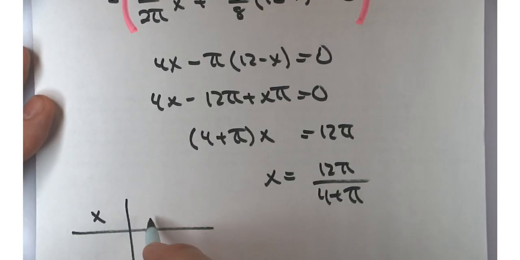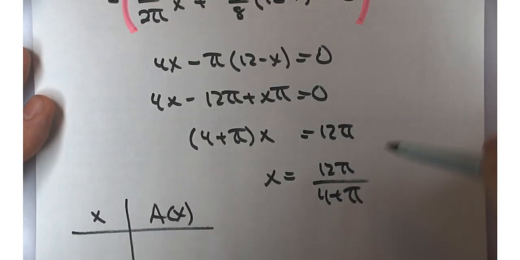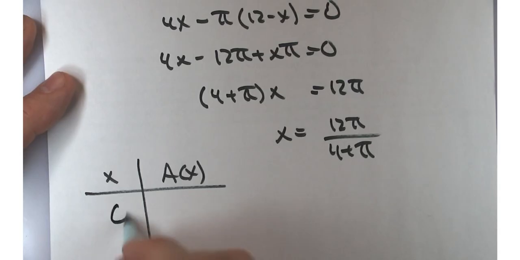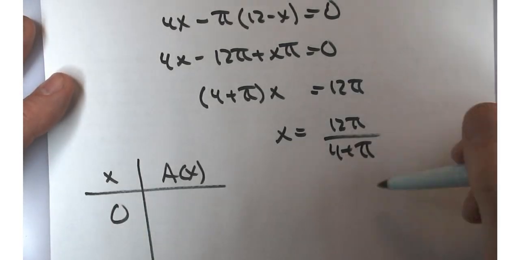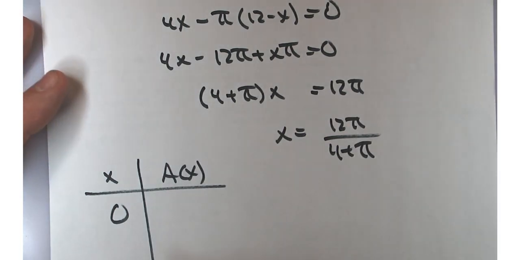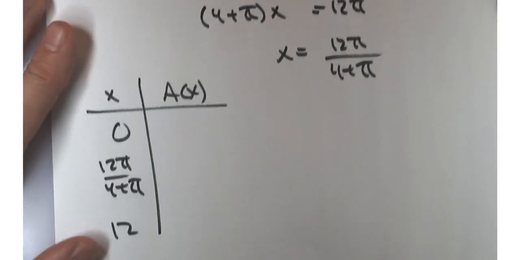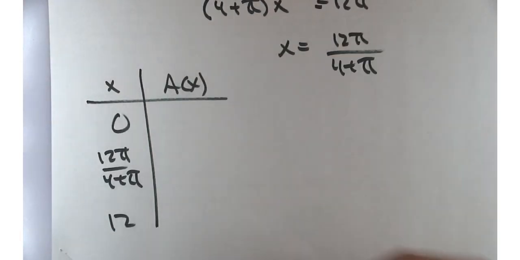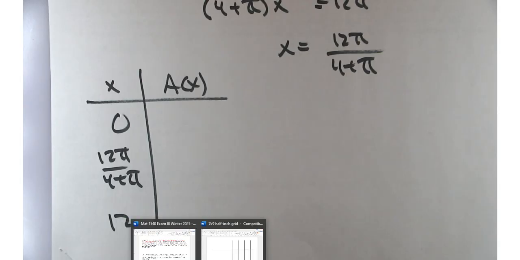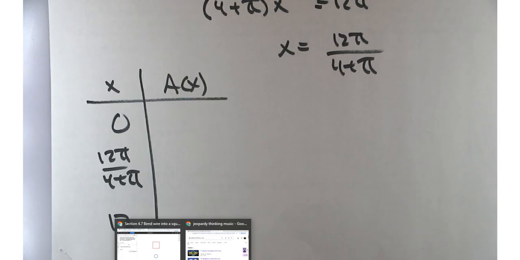You've got to test the endpoints. So I've got to plug in 0 and 12, and then in between, I've got to plug in 12 pi over 4 plus pi. So you're going to get maximums or minimums at these points. Let's see what happens when I plug these points into my function, and then I think that'll be it for today.